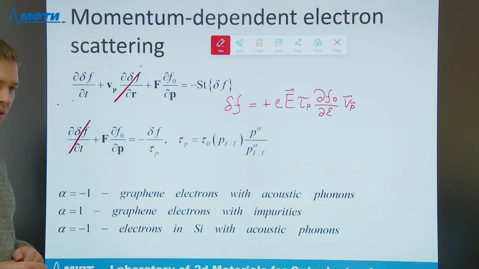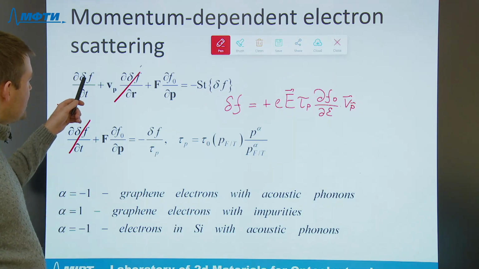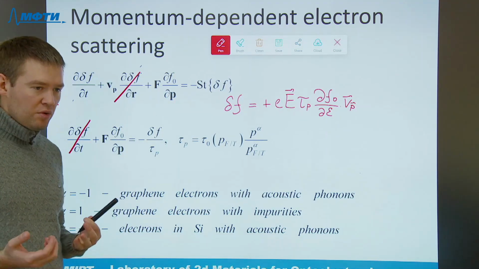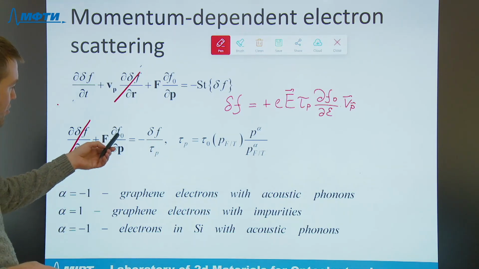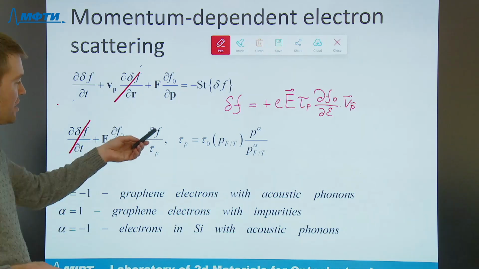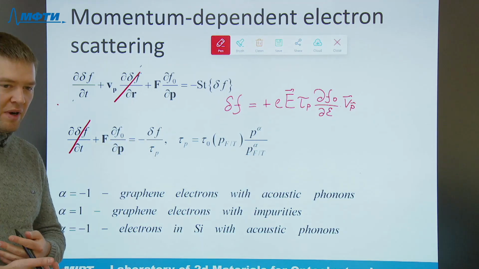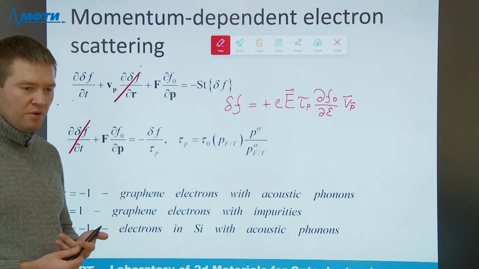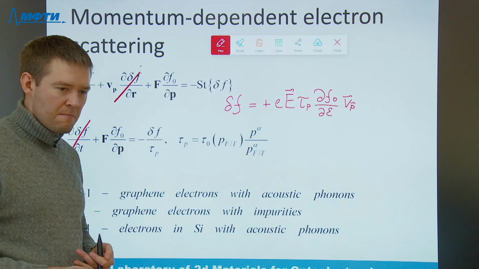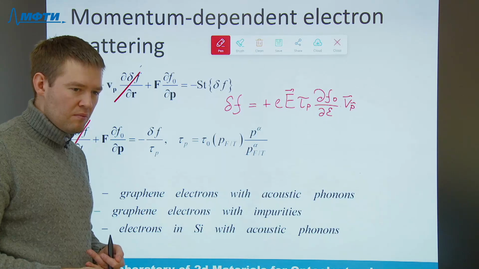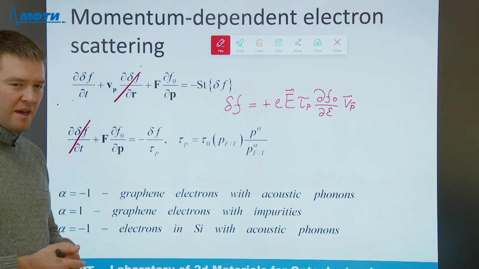Because when we wrote the kinetic equation from the very beginning, everywhere we had the same distribution function f that should be looked for, but now there is some strange thing happening. Here we have the equilibrium distribution function, the Fermi function, and here we have the small correction delta f to the distribution function that is induced by the electric field. Why do we do it in the following way? Nobody remembers. Please, somebody, any opinions?